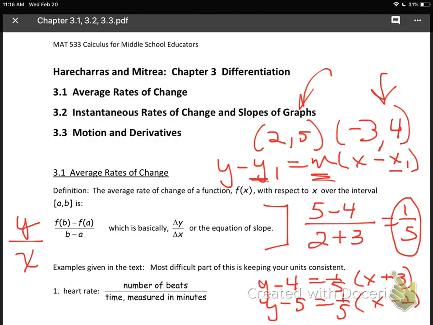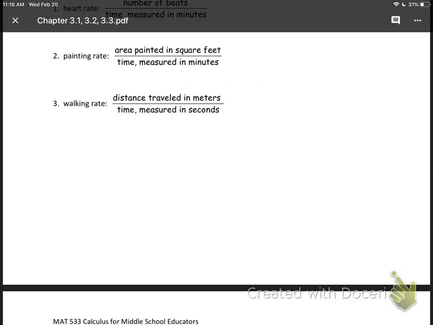That's a nice little application of this section. And just to quickly finish this topic, in terms of average rate of change, painting rate was an example they used, and walking was another example. Here again, you may need to be converting units, so it's good practice as we get ready to delve into more of the calculus.